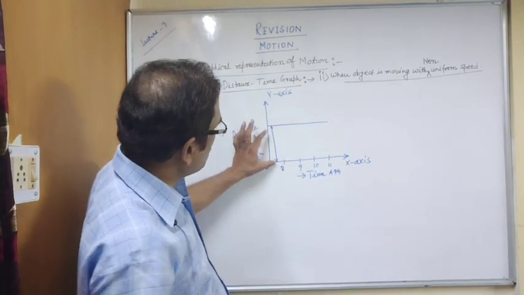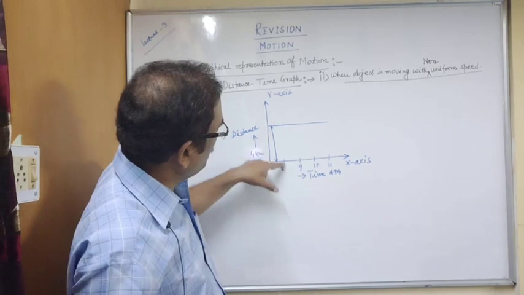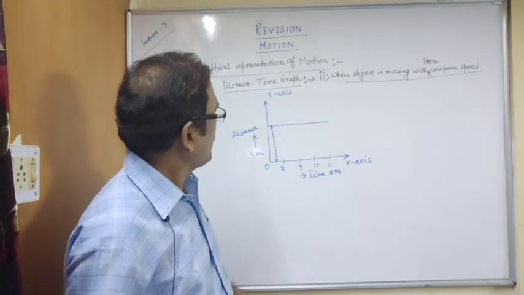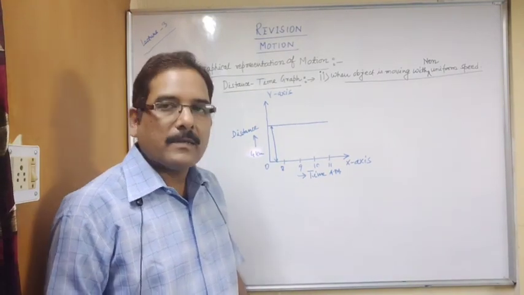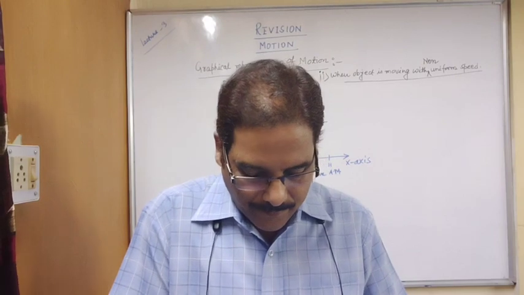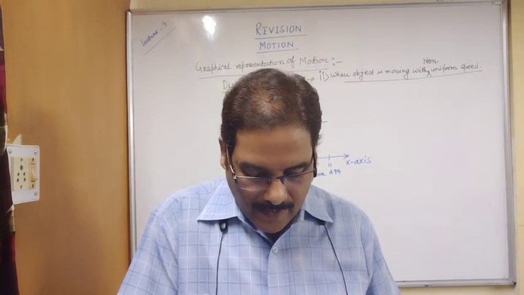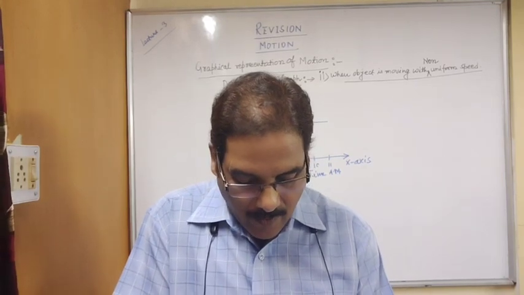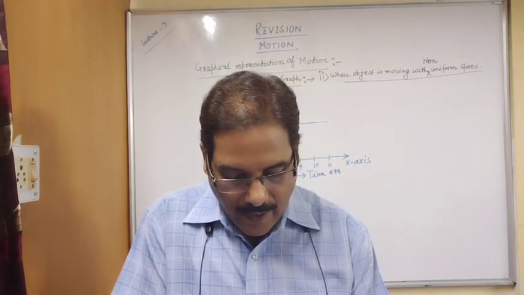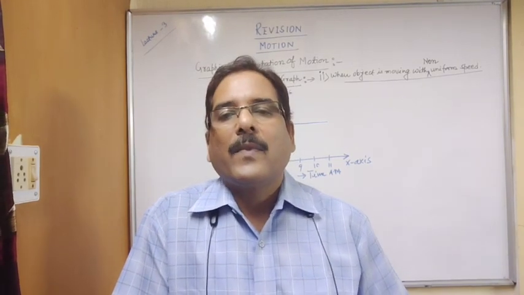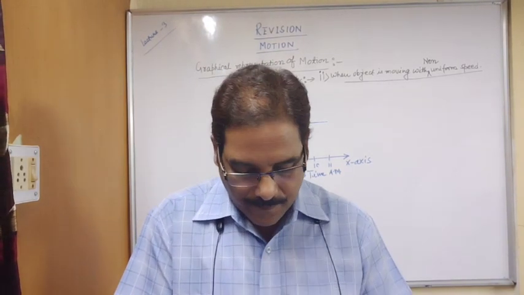So this distance is fixed. 4 kilometers at 8 am, 9 am, 10 am, 11, whatever be the time, the distance is fixed, isn't it? So it shows that the body is at rest. We say that the object is at rest.